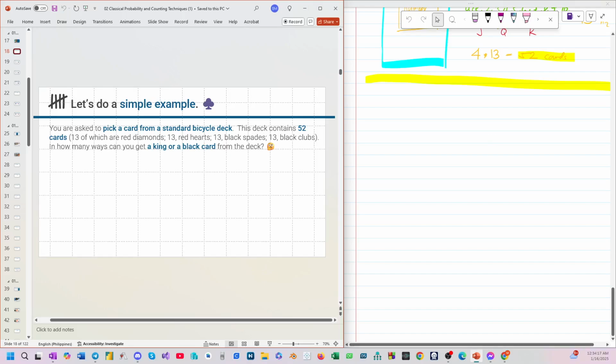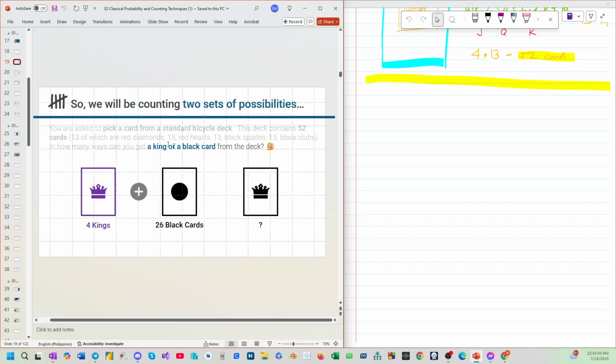Now we are being asked: in how many ways can we get a king or a black card from the deck? Let's look at how this is going to be solved. First of all, we have a king or a black card.